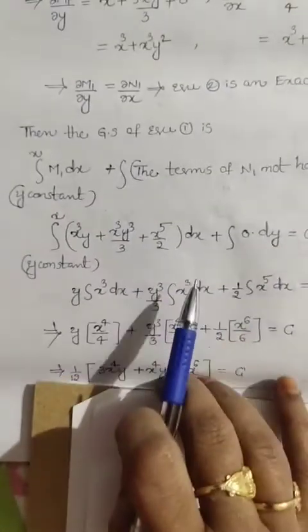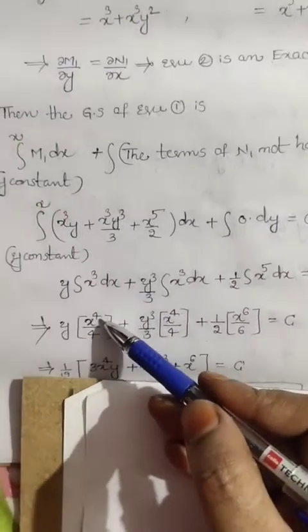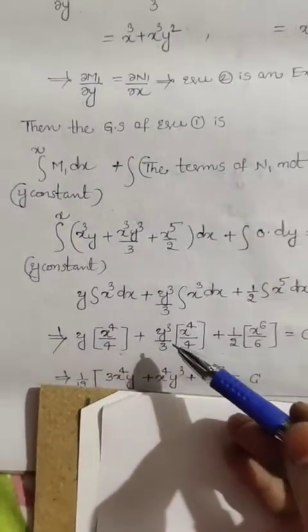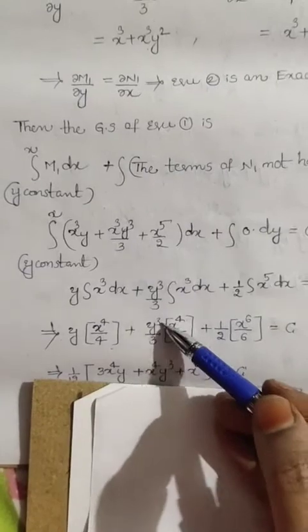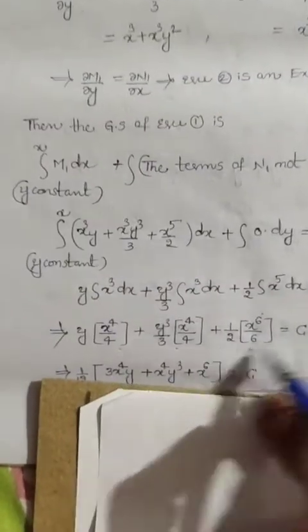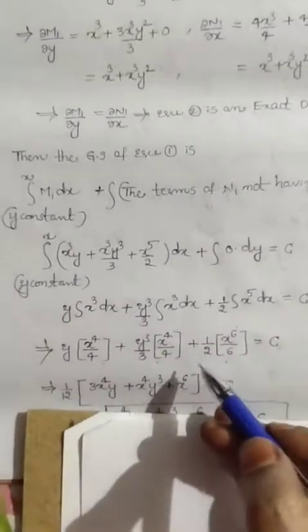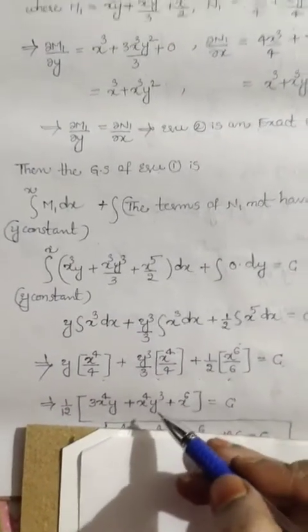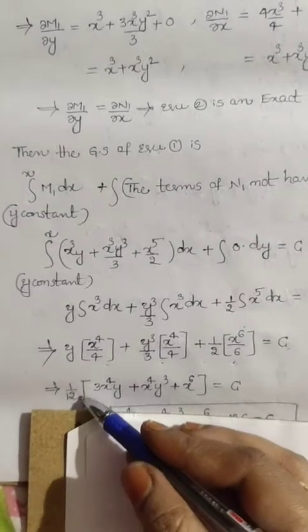That is x power 4 y by 4, x power 4 y cube by 12, x power 6 by 12, equal to c. Taking 12 as LCM, that is 1 by 12.